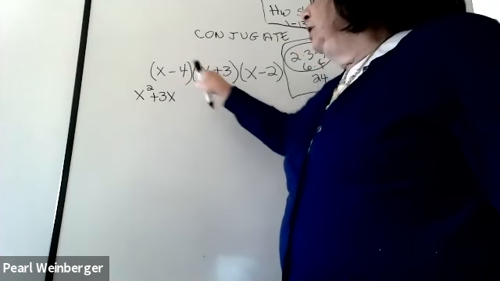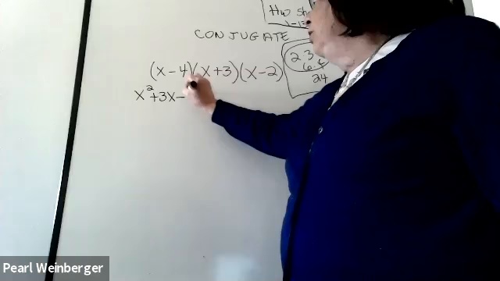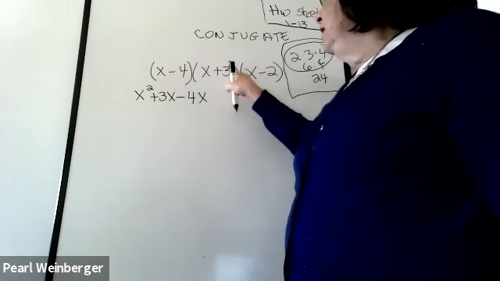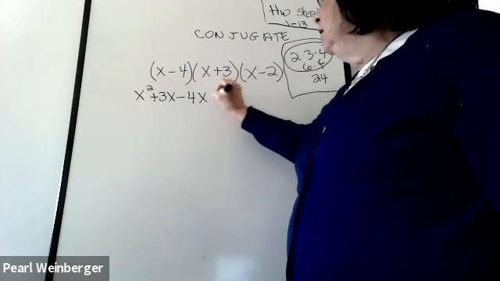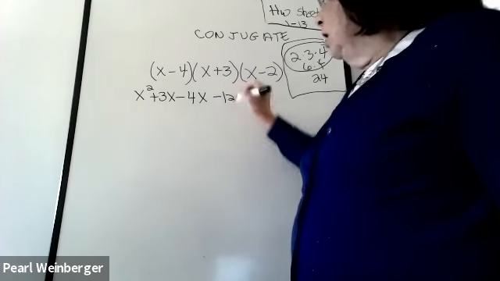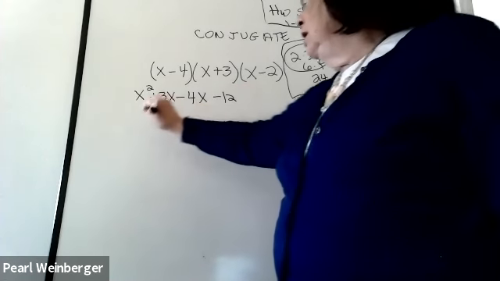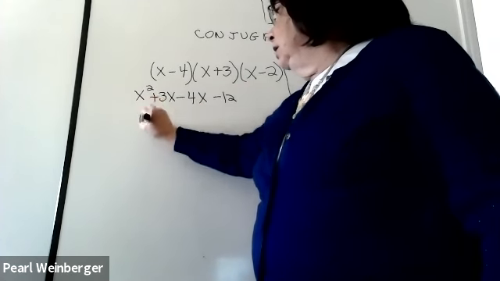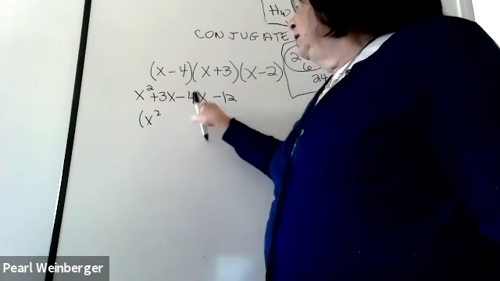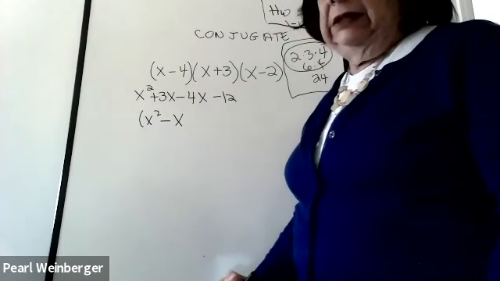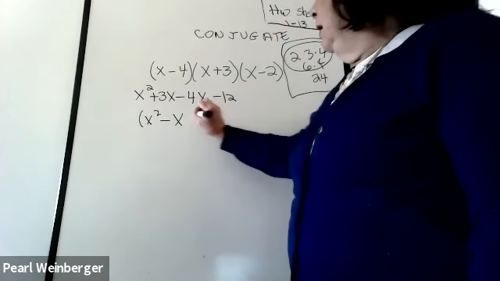Inner, negative 4 times x, which is negative 4x. And negative 4 times 3 is negative 12. And I see these two terms are like terms. I get x squared plus 3x and minus 4x is minus 1x, or just minus x, and minus 12.